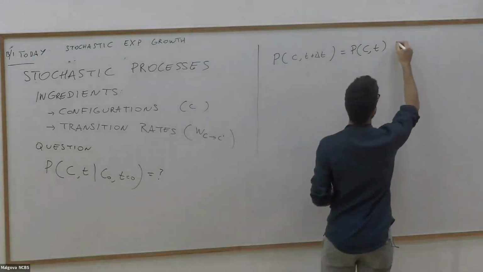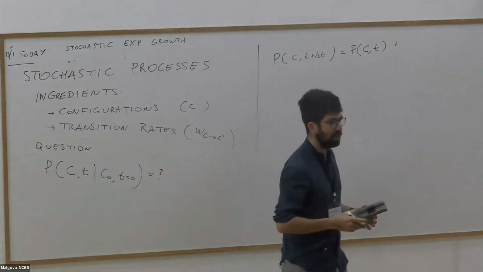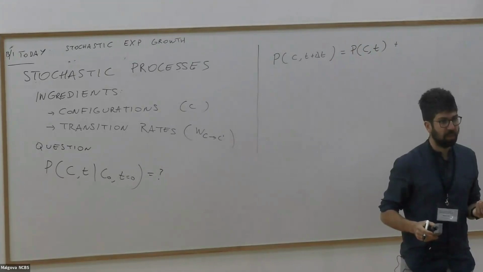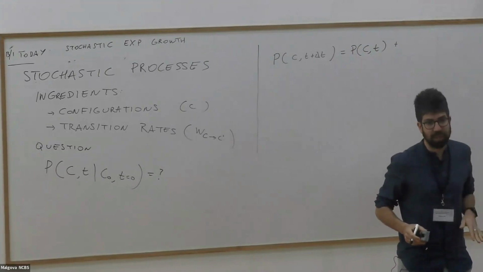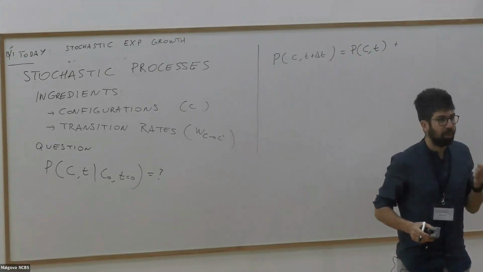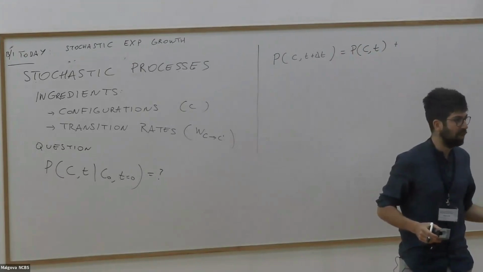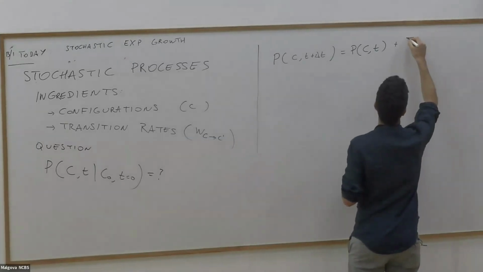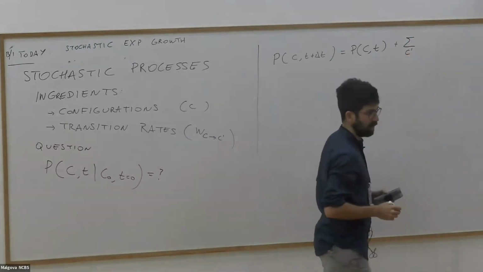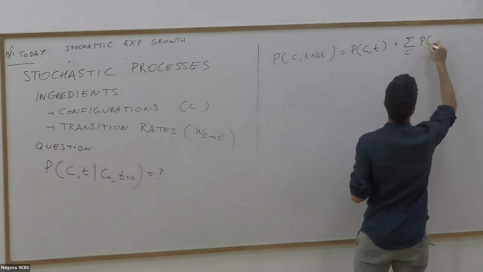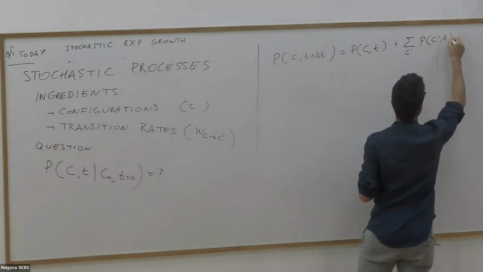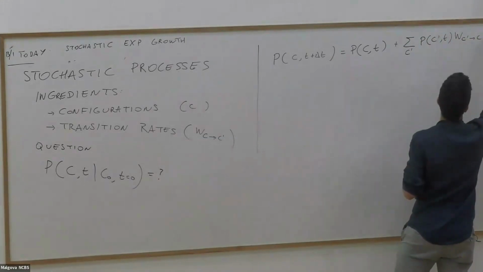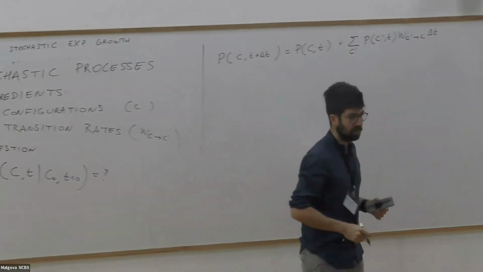So what are the possible changes? The probability of being in configuration C will be the probability that I was here previously, plus the probability that I was not here and I arrived at this point. So this is the sum over all configurations C prime of the probability that I was in C prime at time t, and then I went from C prime to C in this step, okay?